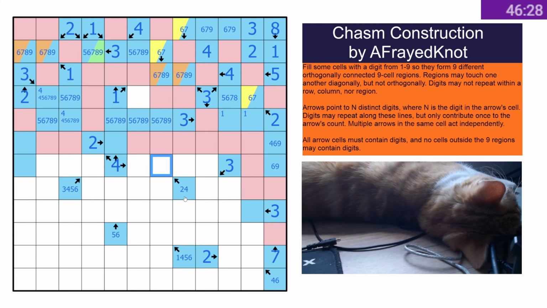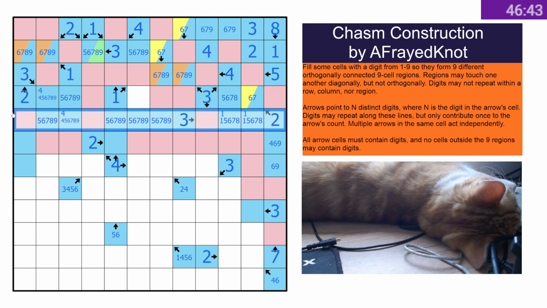Are there any other regions that are just trapped that I'm ignoring again? Well, I can immediately see two, three, four, not 9. Yellow. Oh, yellow. Yeah, yellows go somewhere there.